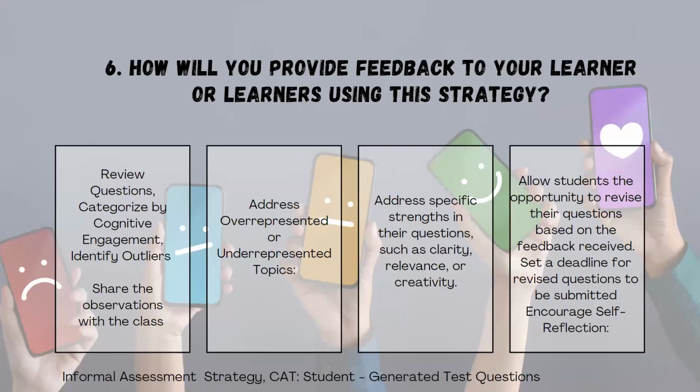Let's see how we can give our students feedback. We should first review and categorize the pool of questions and then share the observations with the class. We should address overrepresented or underrepresented topics and address some specific strengths in their questions, such as clarity, relevance, or creativity.